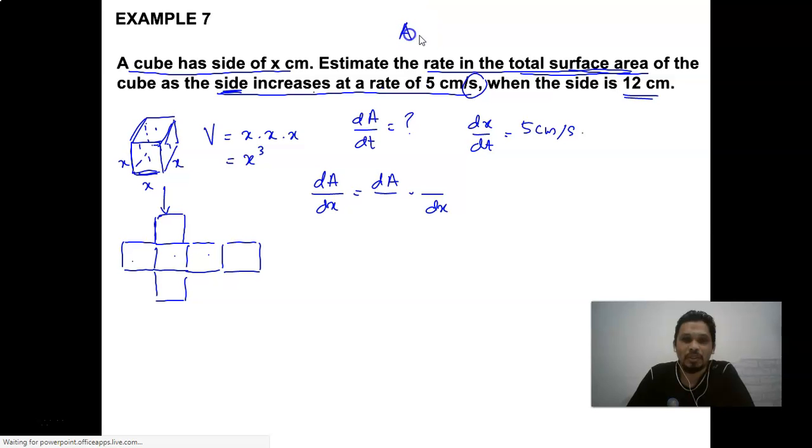So we are talking about the surface of the cube with the side increasing, x, and also time. So we come up with dt and also dt. Given in the question here, dx/dt is equal to 5, and then dV/dx equal to 3x squared. Now let's substitute the information given here, dV/dx, dA, sorry.